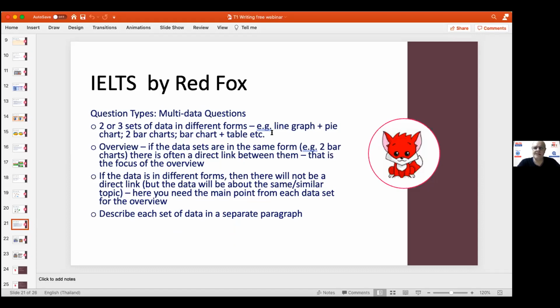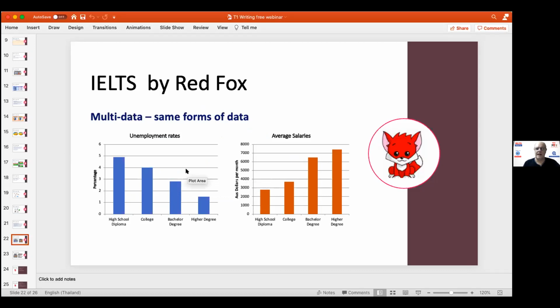If the data sets are in the same form, like two bar charts, so like this one, then there will usually be a direct link between them. So here we've got different types of qualification. So you can see the higher the qualification, the lower the rate of unemployment and the higher the salary. That's the direct link between the categories.